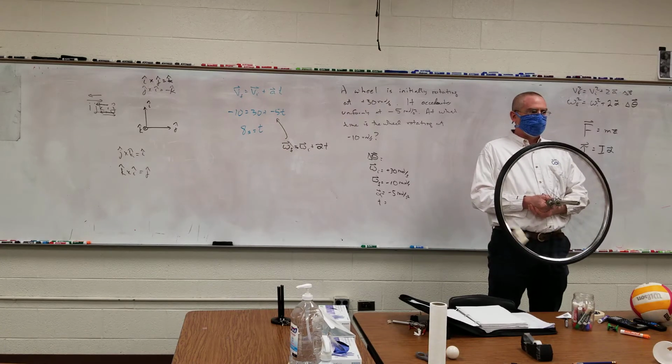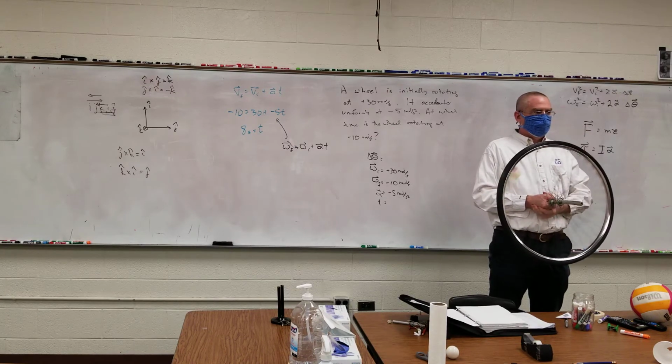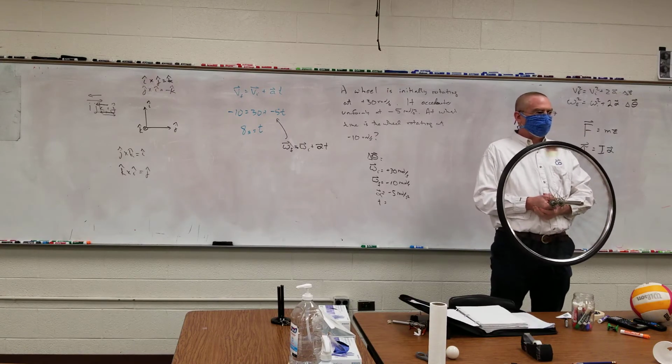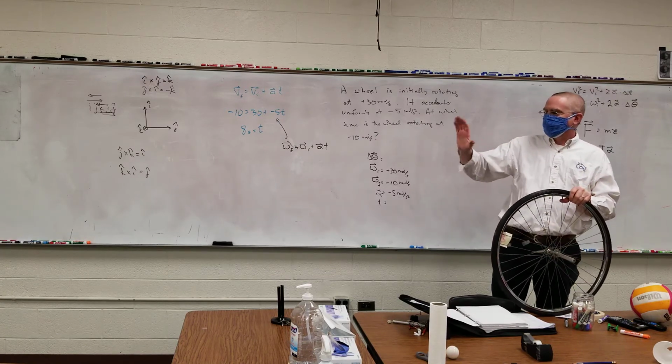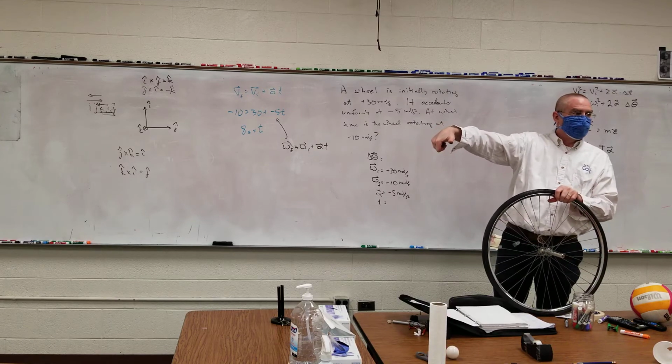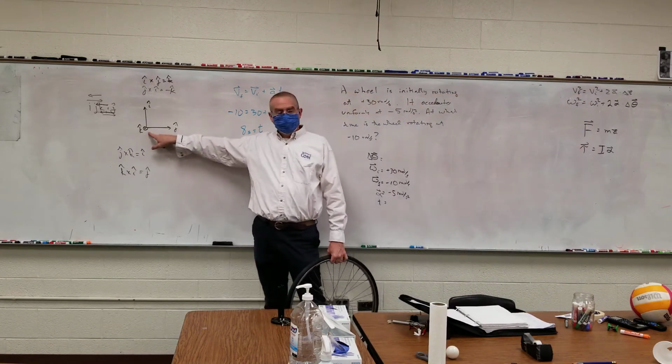That'd be k. Close. k hat. Negative k. Because it's spinning around like this, my thumb points to the back of the room. And I had k being positive going that way.